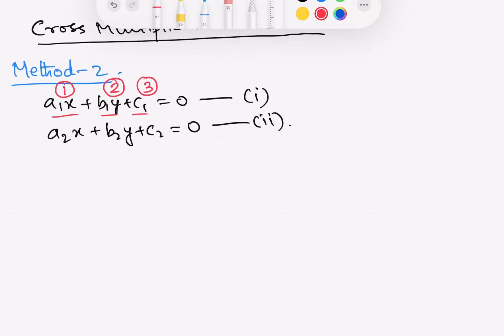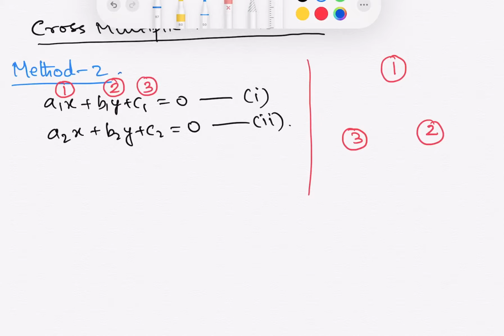So 1 represents the x portion, 2 represents the y portion, and 3 represents the constant portion. That's clear. After that, you write this for your rough calculation. Here you write 1, then 2, you form a simple triangle, then 3. This is the way you first write it.